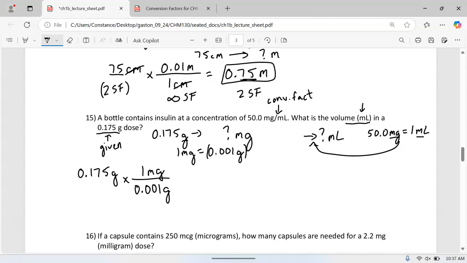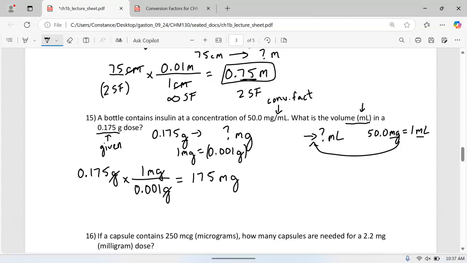Okay, so I kind of have two targets going on here. I have the milligrams as my first target, and then it's going to become my given information, and my new target will become the milliliters. So in this step, the grams cancel, and I am left with 175 milligrams.